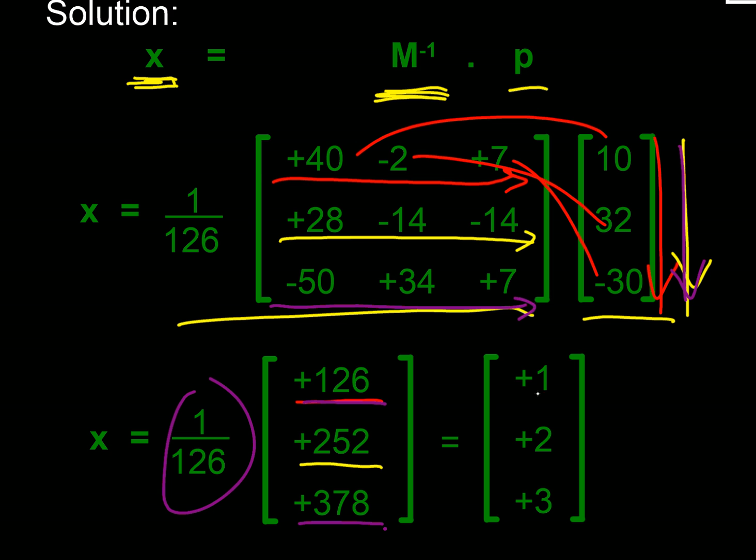So 126 divided by 126 is 1, 252 divided by 126 is 2, and 378 divided by 126 is 3, and that's basically our xyz vector. So x equals 1, y equals 2, and z equals 3, and that's how we use it in practice, just like we did for the 2 by 2.